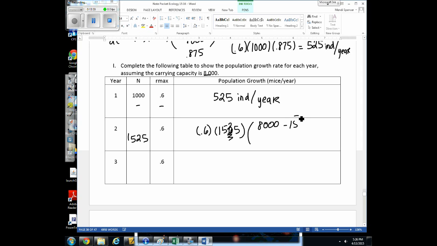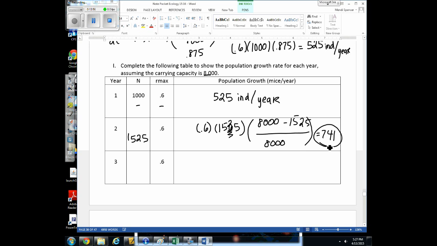The initial population size is 1,525, and that's divided by the carrying capacity. When you plug all that into the calculator, it shows you that the population is going to go up by 741 individuals. Again, we're going to take this number and add it to what we started off with at the beginning of population 2, and that gives us a starting population of 2,266.